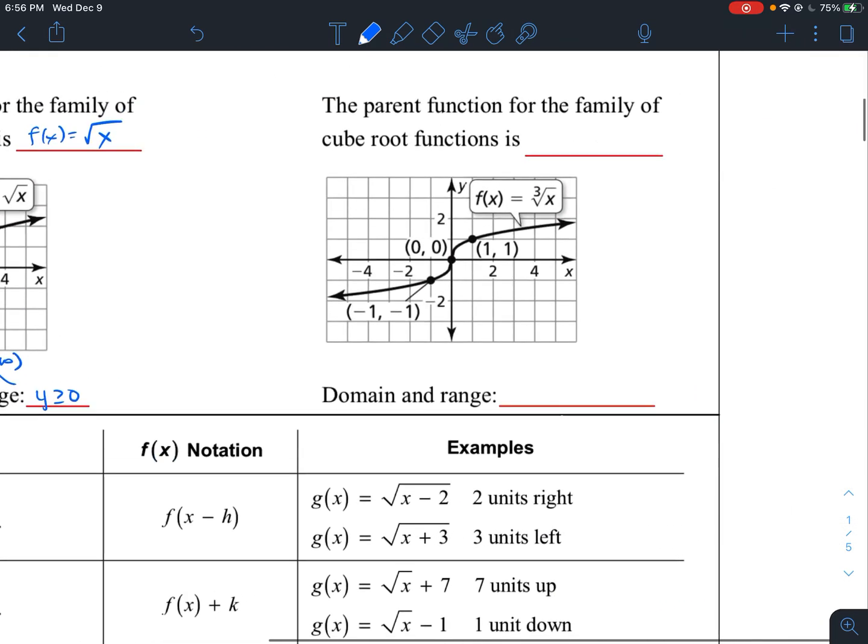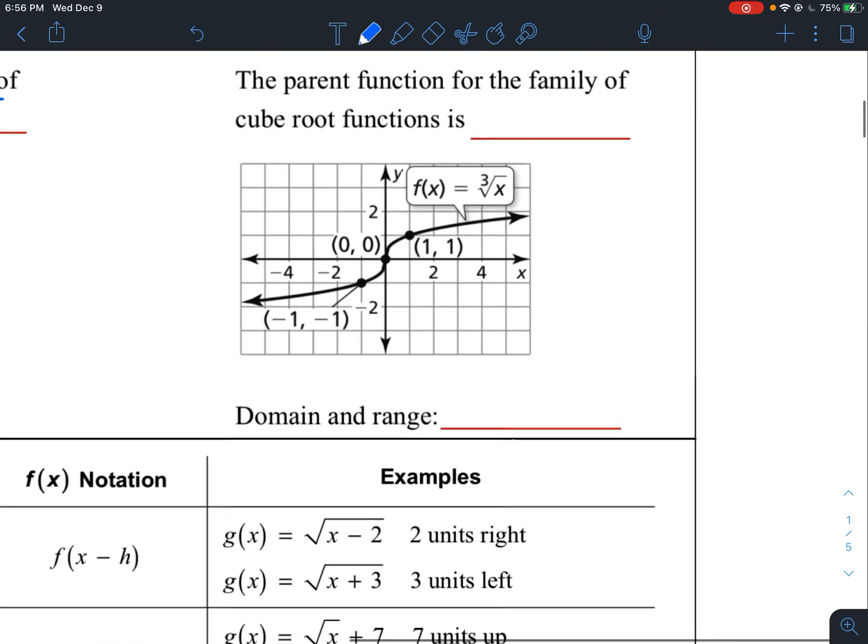Now over on the right side is the parent function for the cube root function, which would be f of x is equal to the cube root of x. And this is what it looks like. And if we were to graph y equals x cubed, that looks like this.